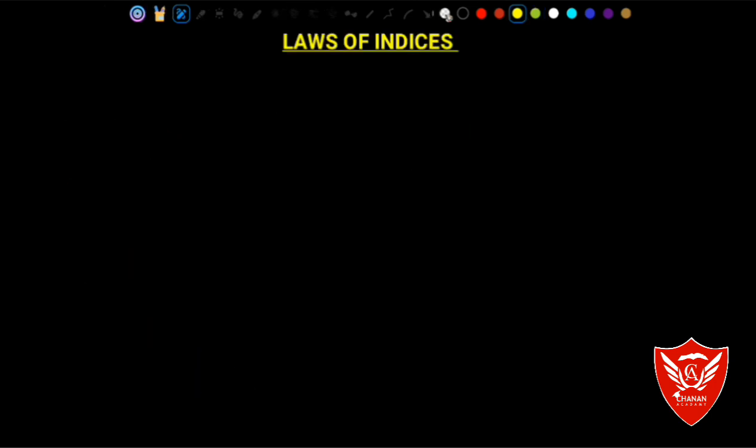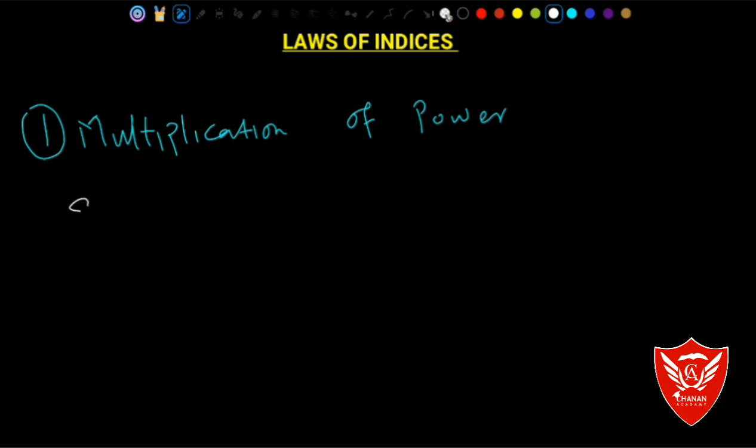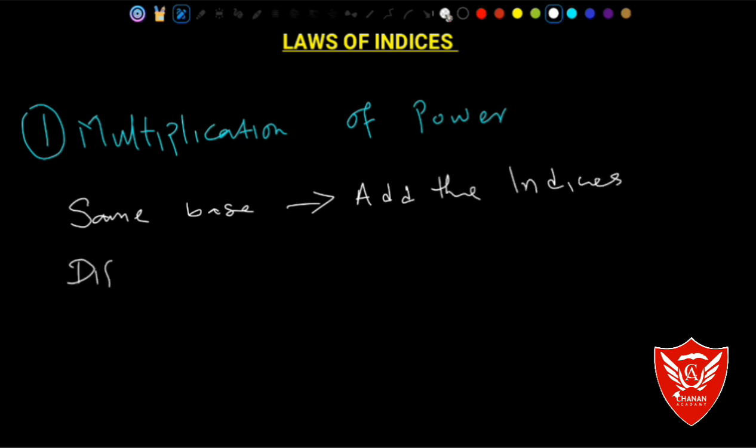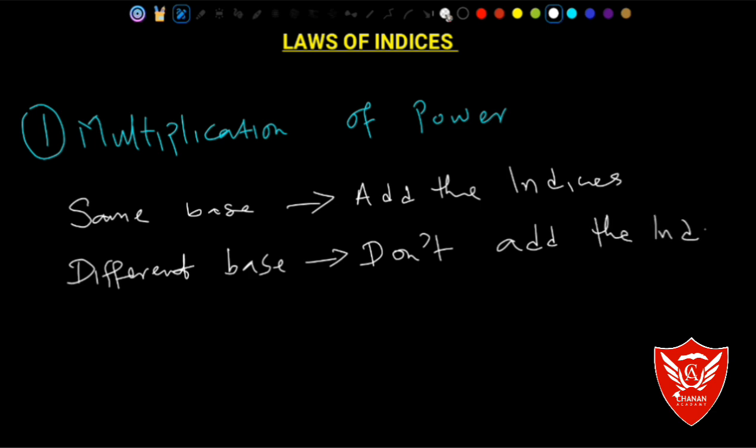Laws of indices. The laws of indices make calculation easier for us. The first law we are going to look at is the multiplication law. Now take note: same base, you add the indices. Different base, you don't add the indices.